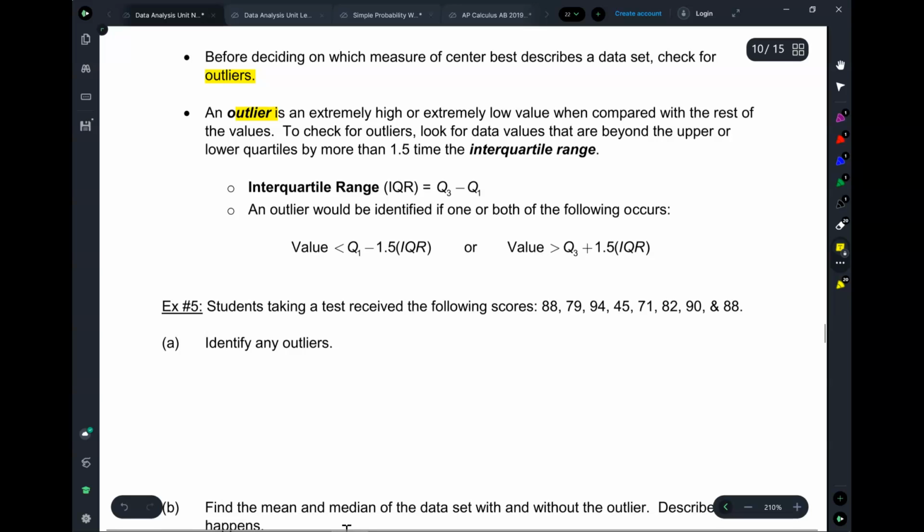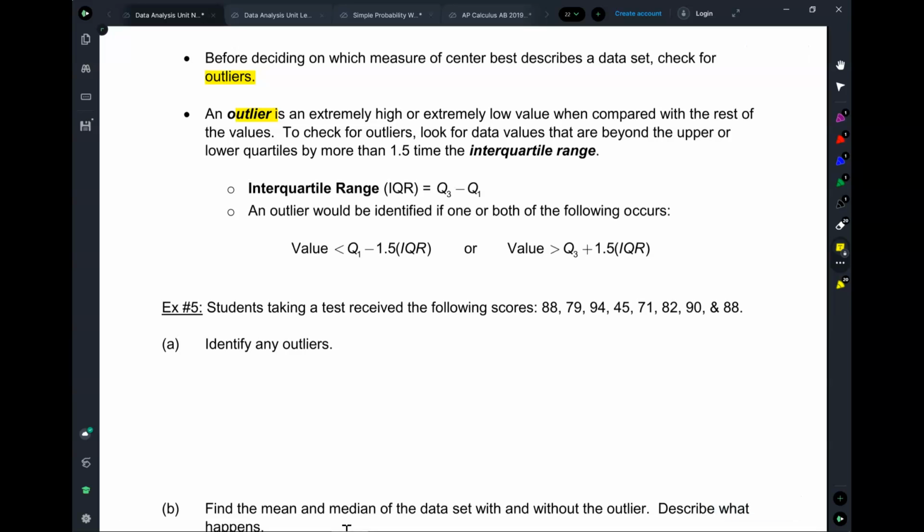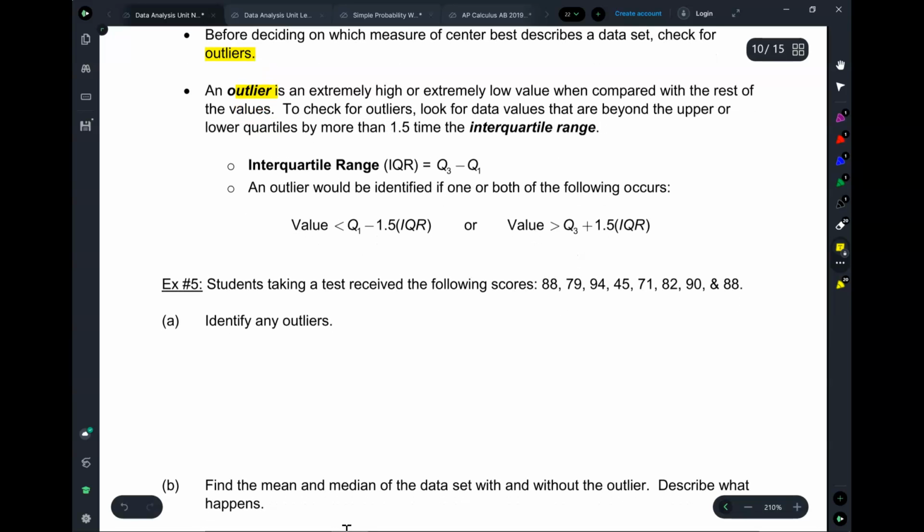And I'm going to show you right now exactly how to figure out what is an outlier, right? Because it can't be like, oh, this one looks like it's too far off. No, it has to be a way. So an outlier is an extremely high or an extremely low value when compared with the rest of the values. To check, we need to look for data values that are beyond the upper or lower quartiles by more than 1.5 times the interquartile range.